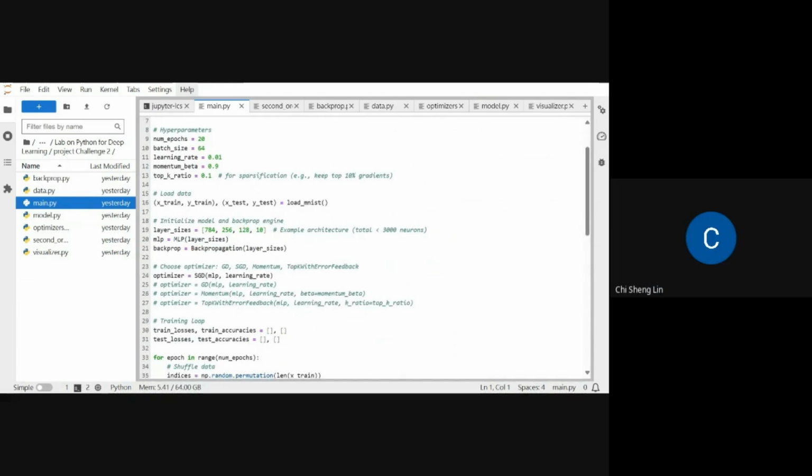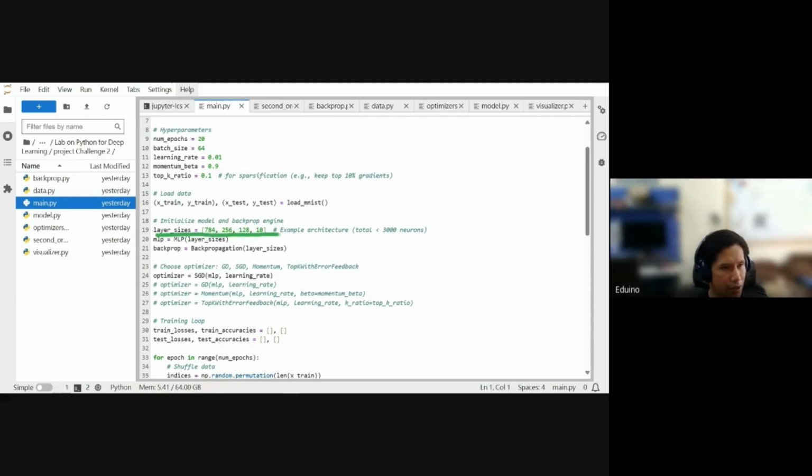This is the size, so it's a four-layer MLP. Oh, you're training on the MNIST dataset?